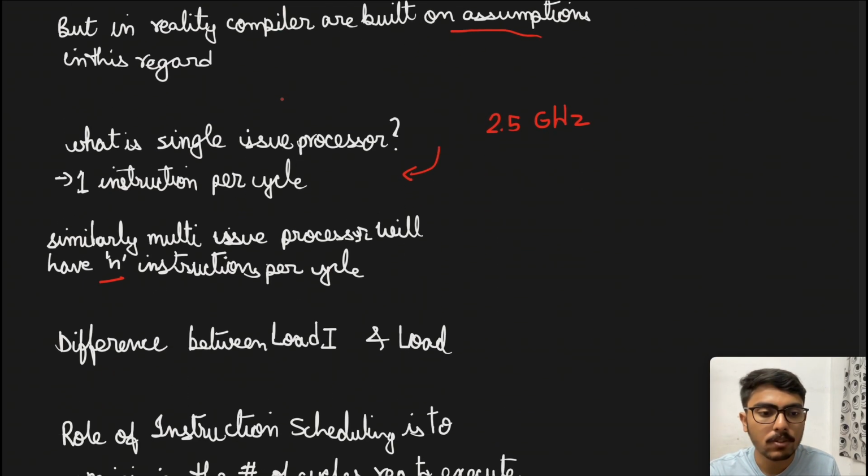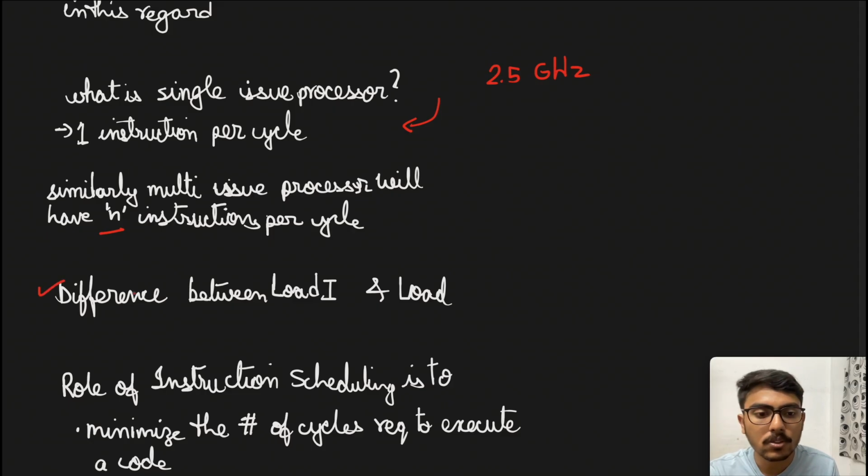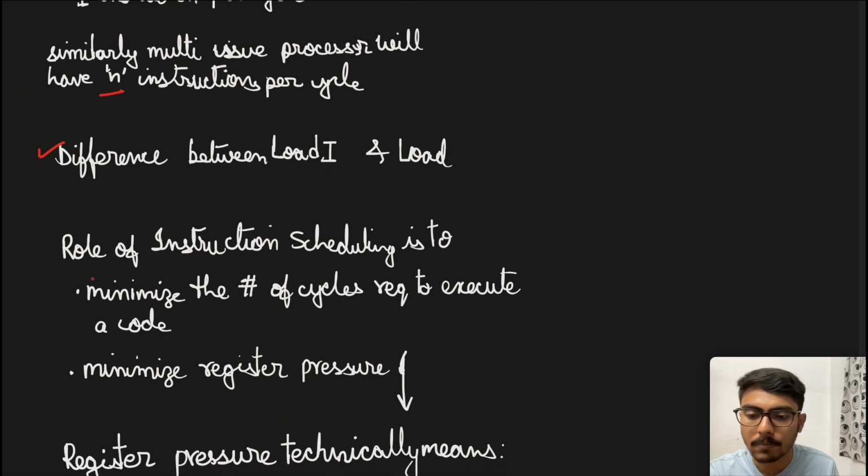So now we understand the difference between load immediate and load. Then we have the role of instruction scheduling. Why are we doing this? Instruction scheduling helps the compiler minimize the number of cycles required to execute code, right?